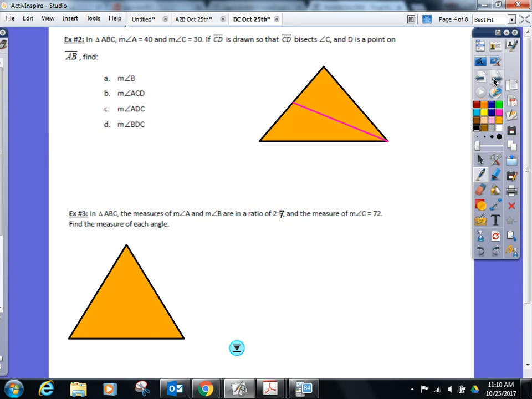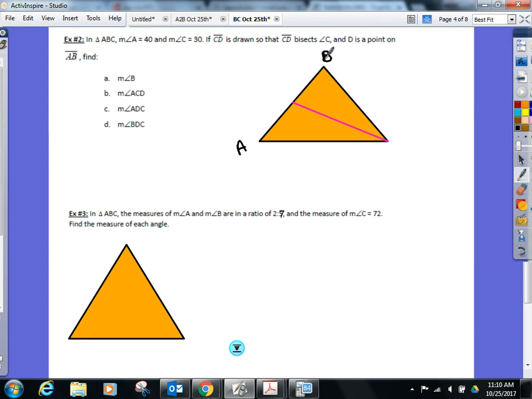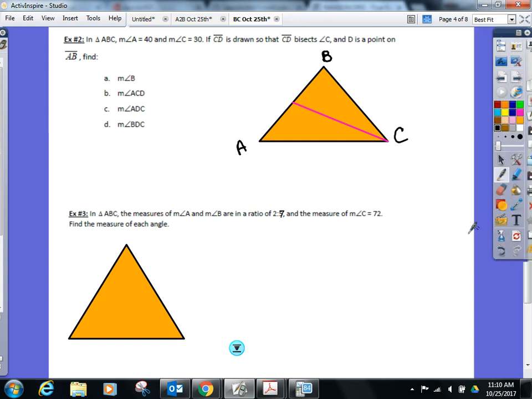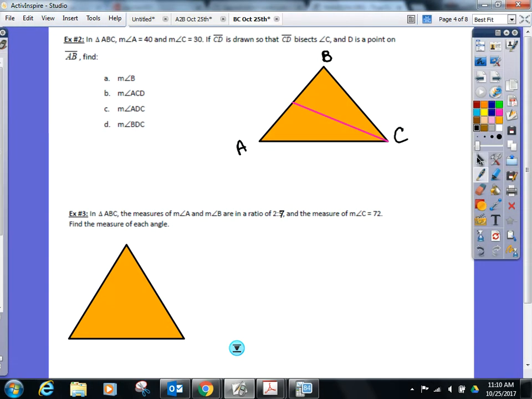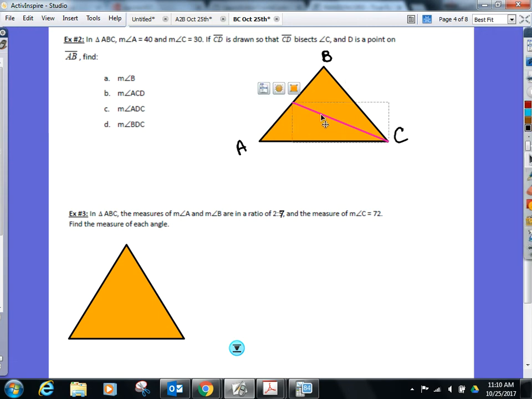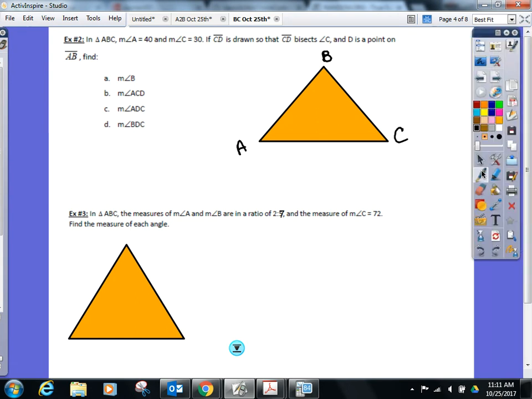Doesn't matter where you put A, B, and C. Okay, triangle ABC, label the angles here for me, 40 and 30.